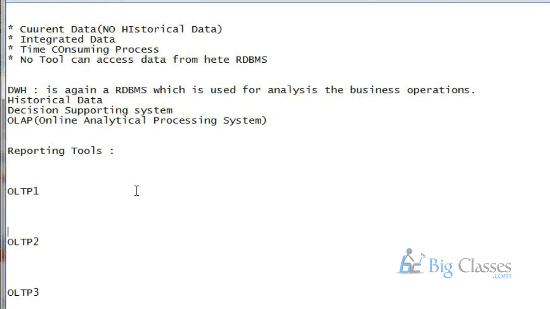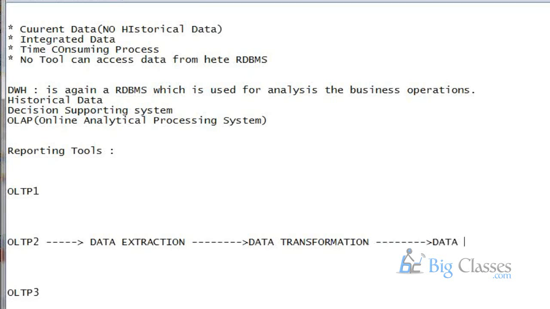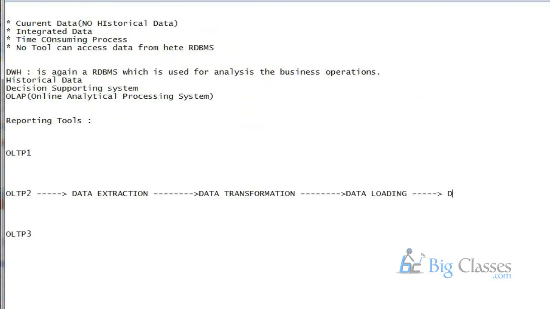What we are going to do here is perform data extraction, data transformation, and data loading into the data warehouse. So up to here, from the OLTPs to the data warehouse.